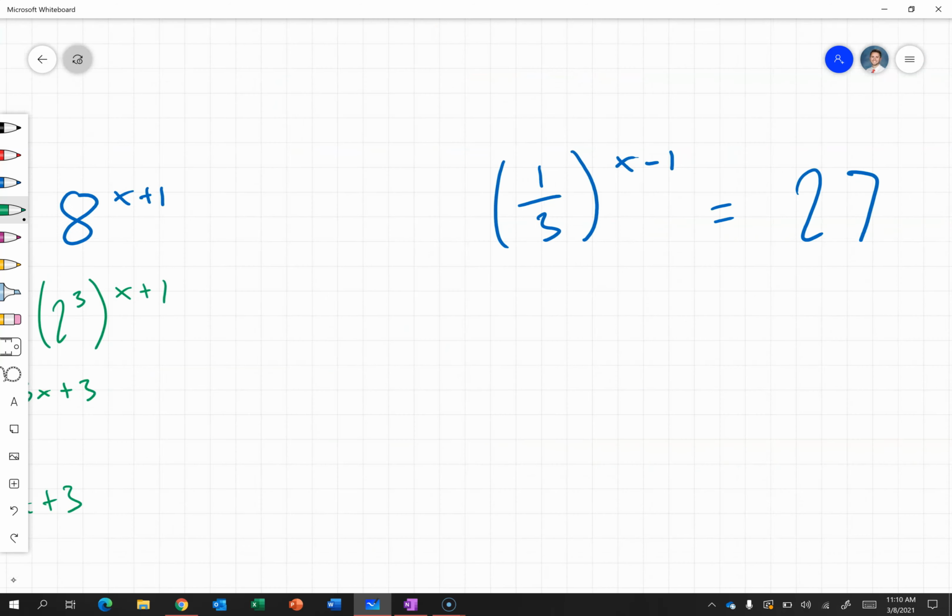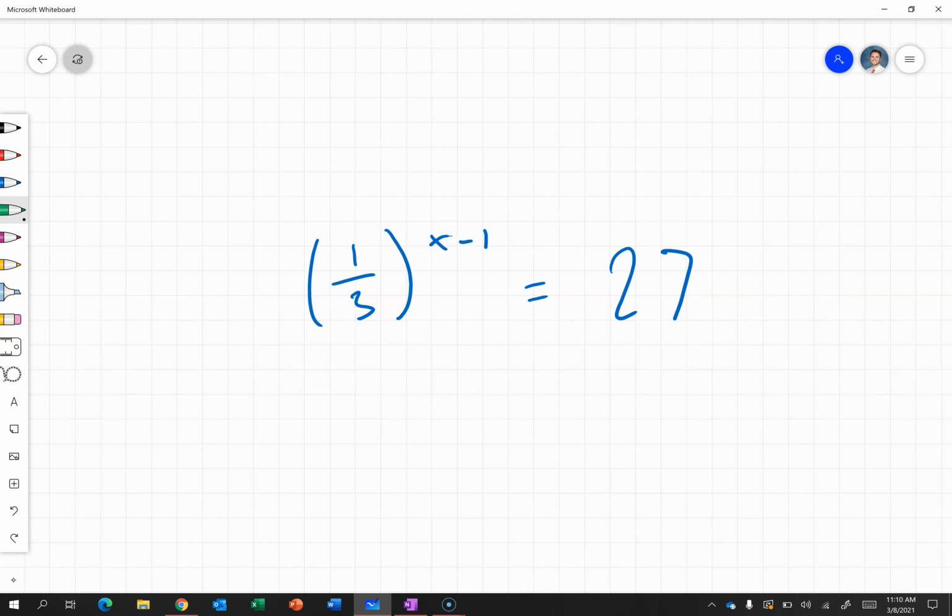Okay, and finally we can look at one with a fraction as our base. These ones are a little bit trickier, but again, we want to see if we can find a common base. If I have a fraction here, I'm going to start by looking at the denominator of my fraction, and see if I can use that denominator to have a common base with my other side.